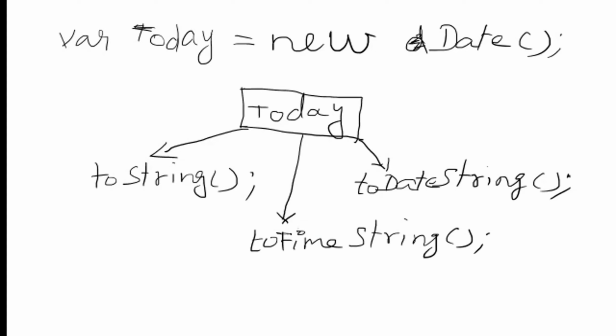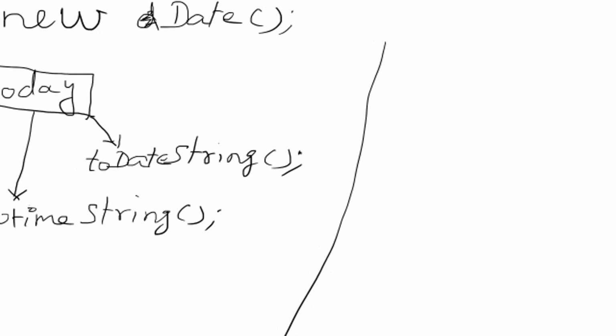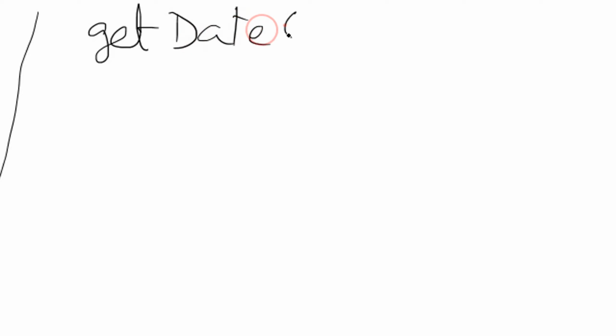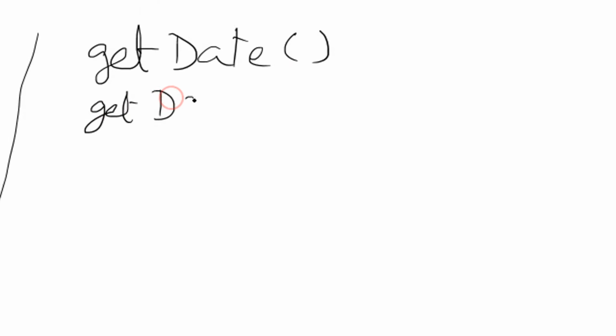Apart from these, we have various other functions. Suppose you want to get only the date, you can use getDate. getDate will return only the date. Then you can use getDay. getDay will return the day number.